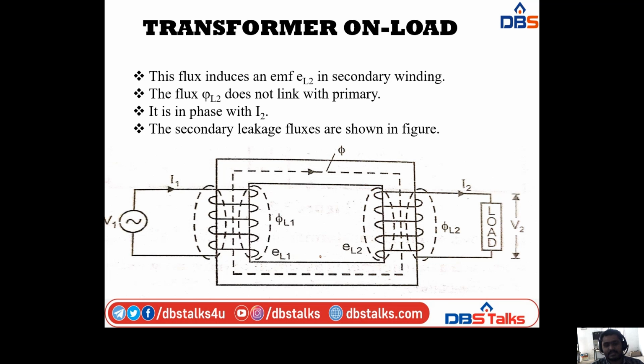Similarly, in the secondary winding, some flux does not link with the primary, and that is called leakage flux, denoted as phi L2. Phi L1 induces EL1, and phi L2 induces EMF EL2 in the secondary. Phi L2 is in phase with I2, and phi L1 is in phase with I1. Like that we have this diagram, with the total flux phi.